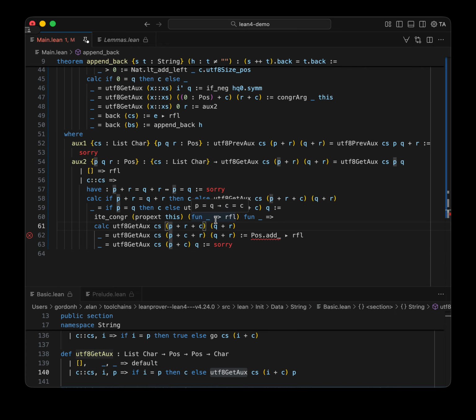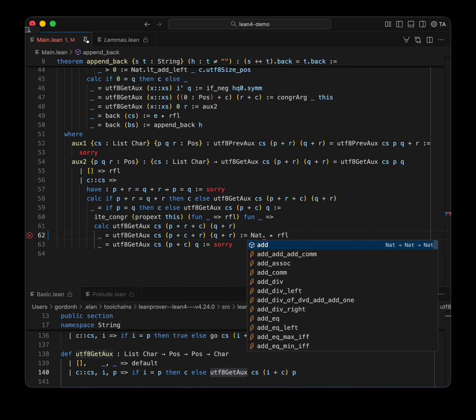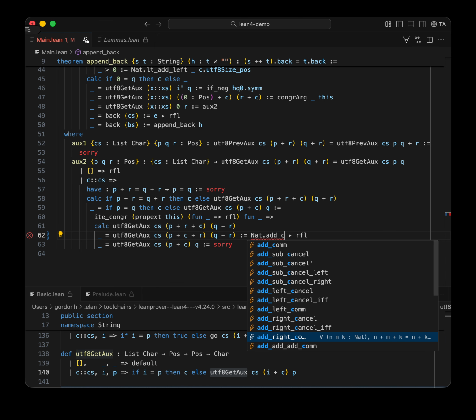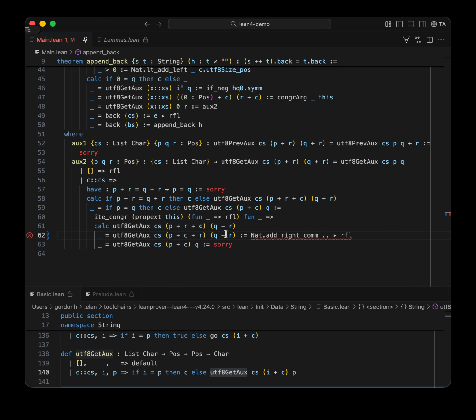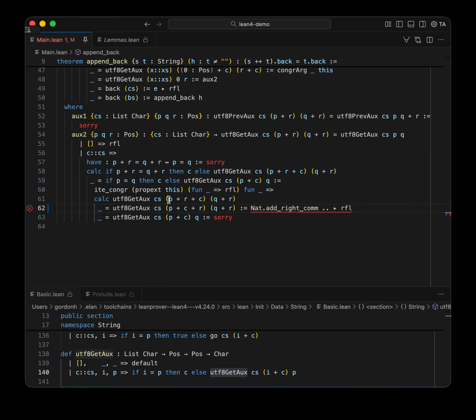So the only problem is that add right commute requires the thing being commuted to be natural numbers. Still manageable.